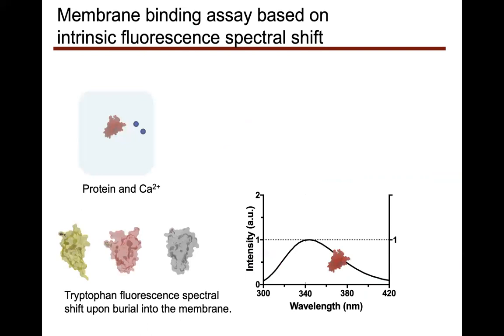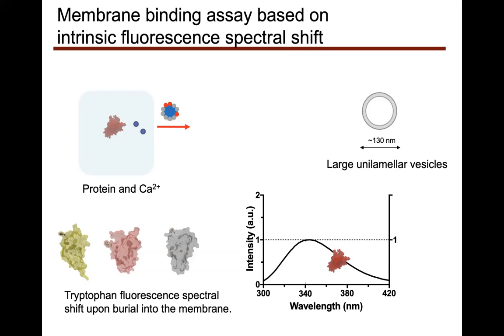The first type of assay that we are going to do to get at the binding is a fluorescence spectral shift that we look for when the protein is free versus when the protein is bound. It is a calcium-mediated interaction, and we used large unilamellar vesicles as a model system for the bilayer.